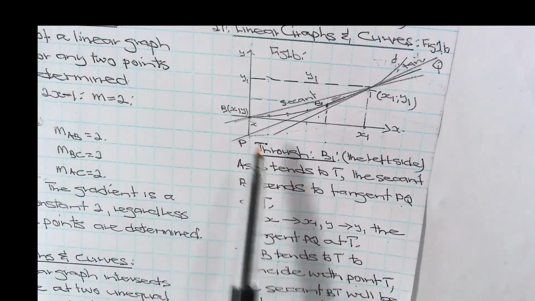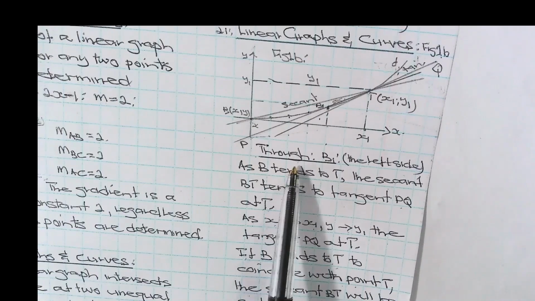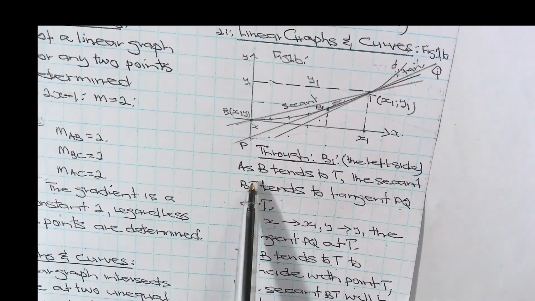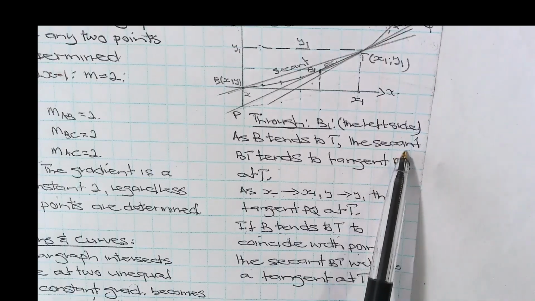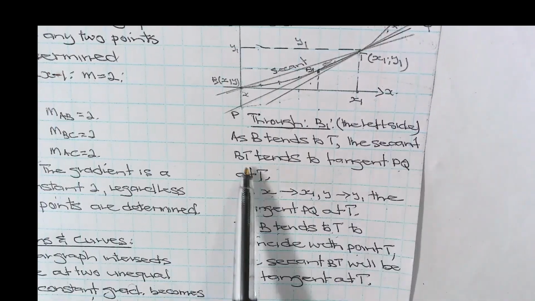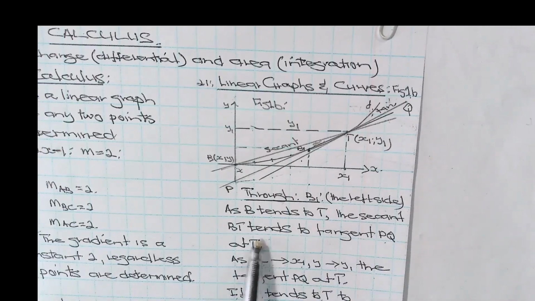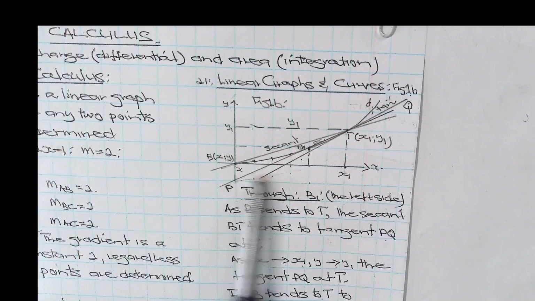The difference is that we come from the left. Through B1, the left side, as B tends to T, the secant average gradient BT tends to the tangent PQ at T. Now, it tends to that tangent coming from the left side.